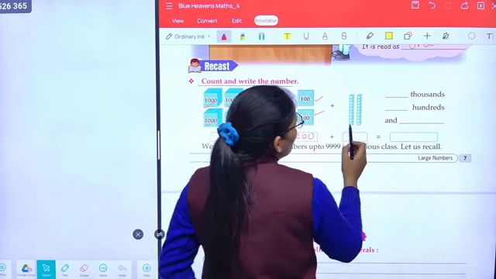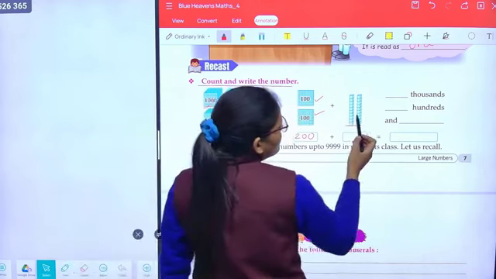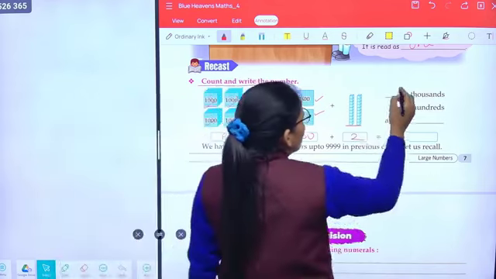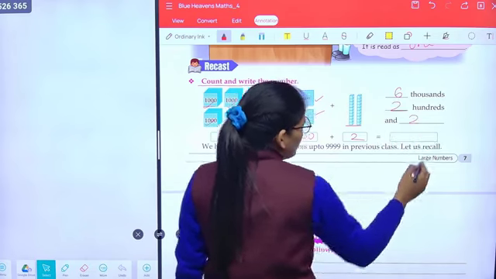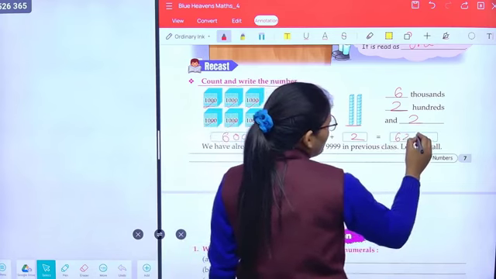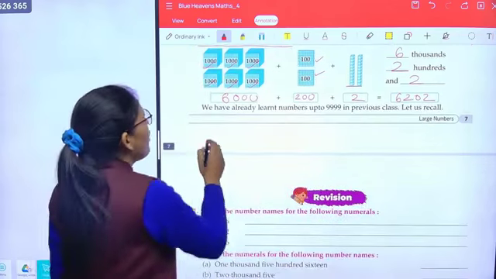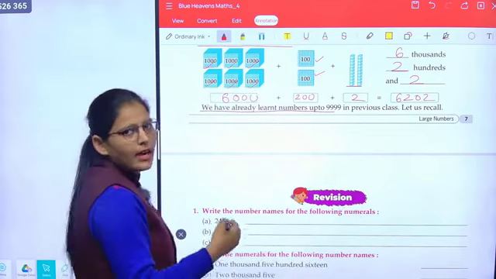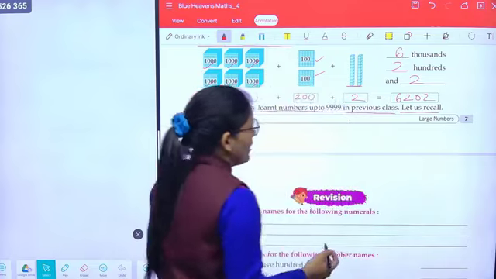Now, it is for tens: 1, 2, 2 tens. So, it will become 6202. Okay. We have already learned numbers up to 9999 in the previous class. Let us recall.